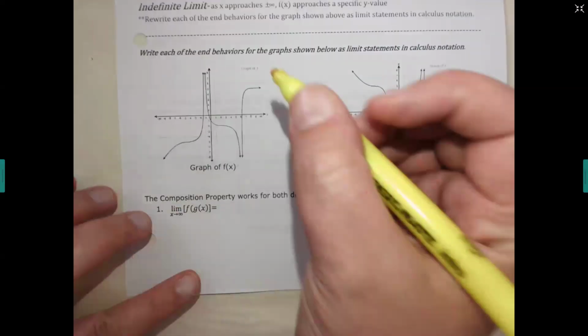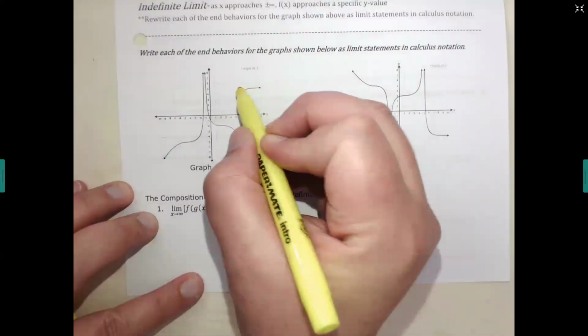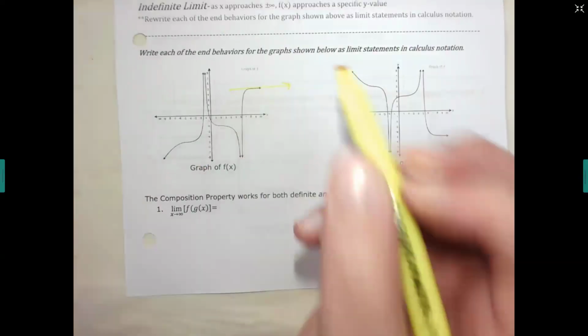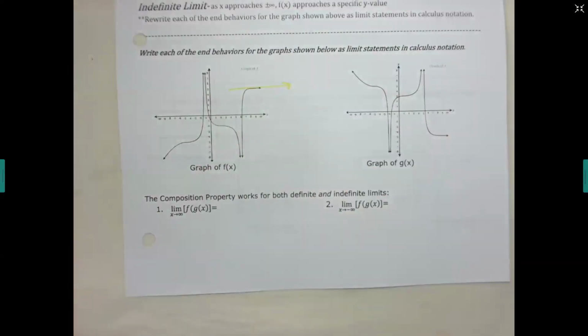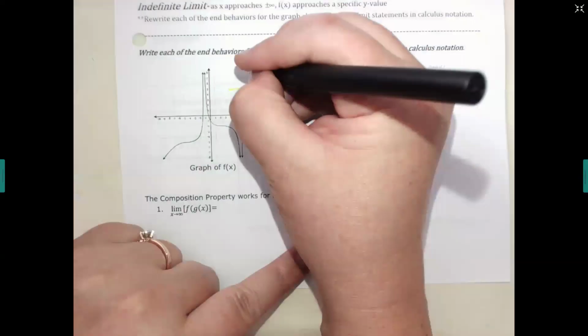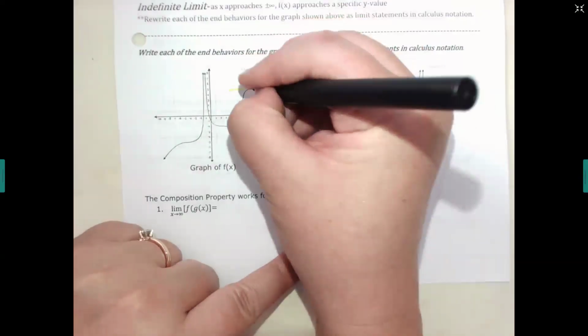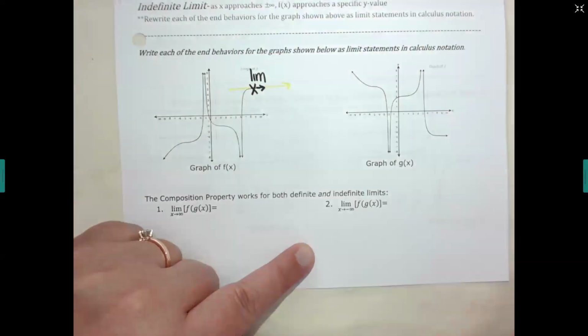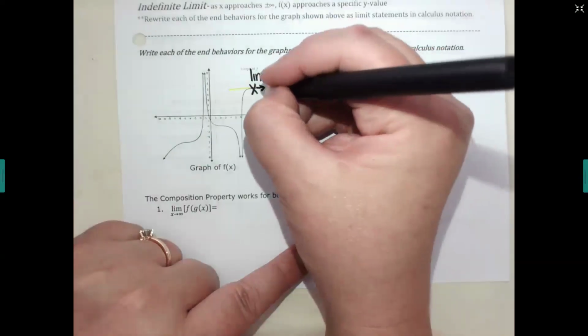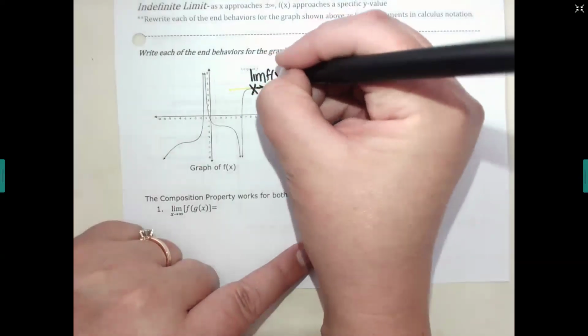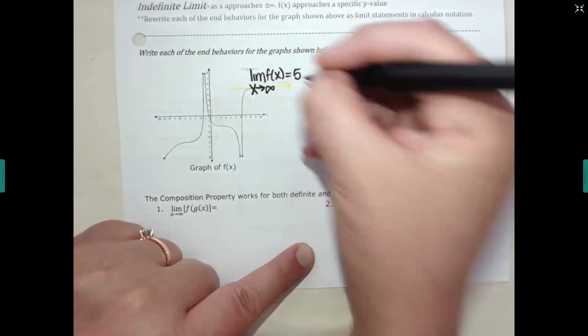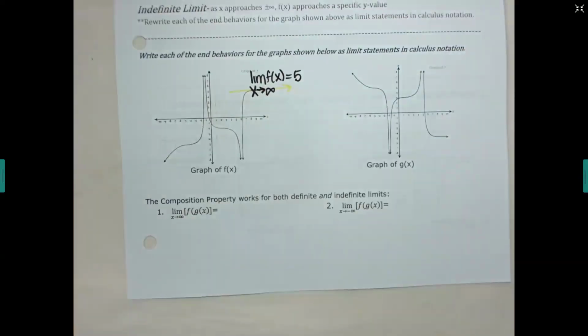It should be the right side. So write your limit statement for me. You're going to put LIM. And if I'm on the right end of the graph, what should x be approaching? Infinity. And what is f of x curving off to? 5. Very good.